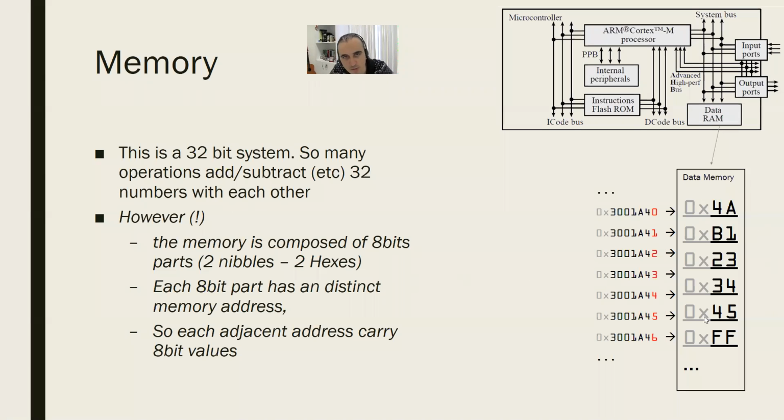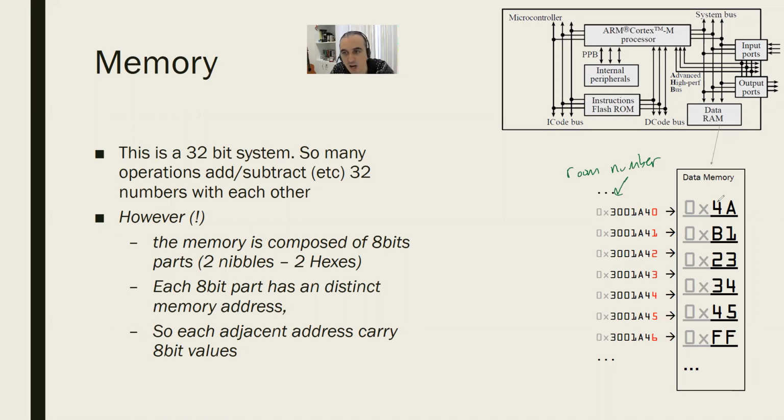We have a memory bank. Each memory cell has a 32-bit address value. Careful. The hotel room number written over the door is 32 bits. This is the room number, guys. It is written over the door.